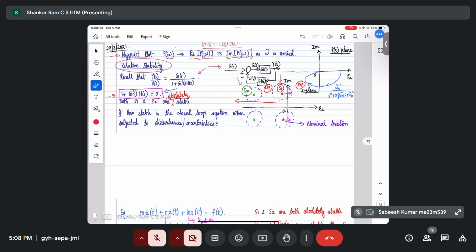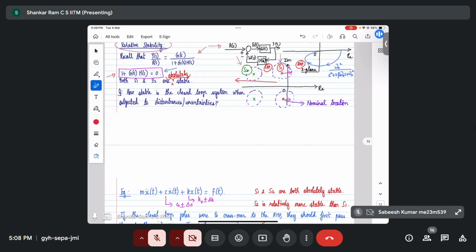So we make a lot of assumptions in the formulation, and then come up with the notion of transfer function and poles. But in real life, we are going to have unmodeled dynamics. You and I may not have considered some effects. There may be parametric uncertainties also.